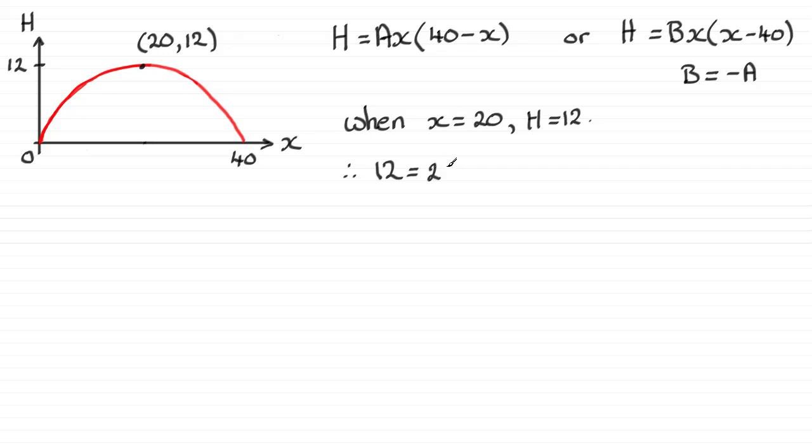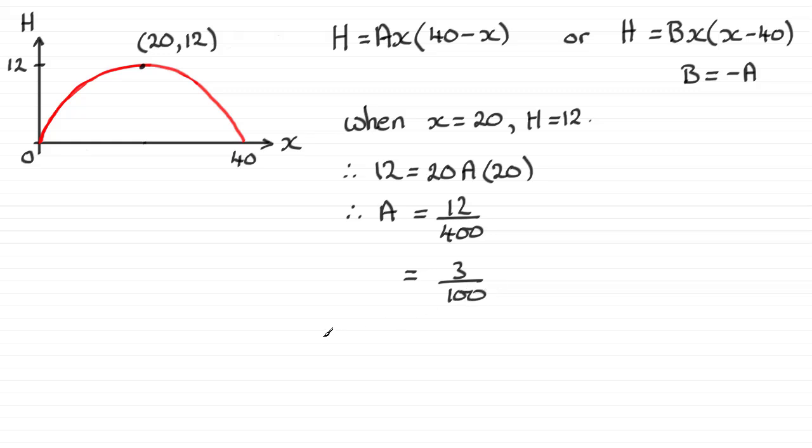I'll just write it as 20a times 40 minus the 20, which is going to be 20. So we've got 400a on the right hand side here, so a must be equal to 12 divided by 400. I would cancel top and bottom here by 4, and that will just give me 3 over 100.